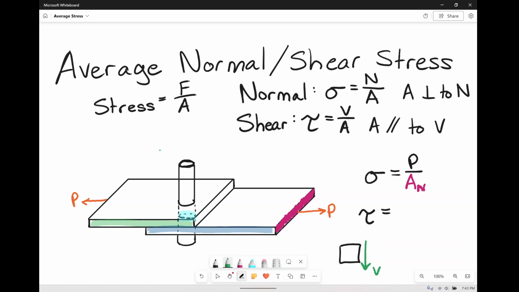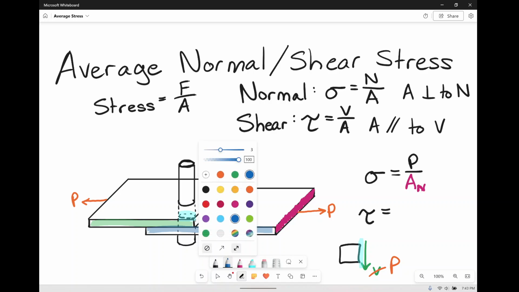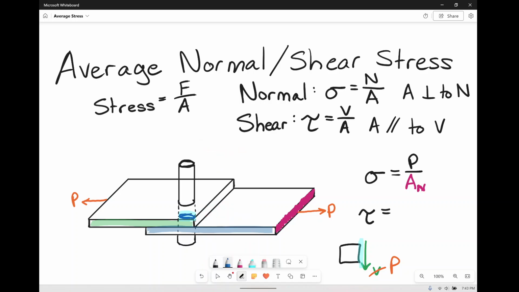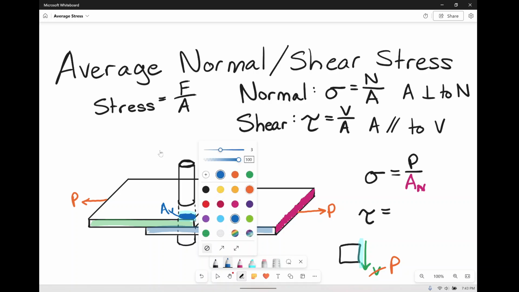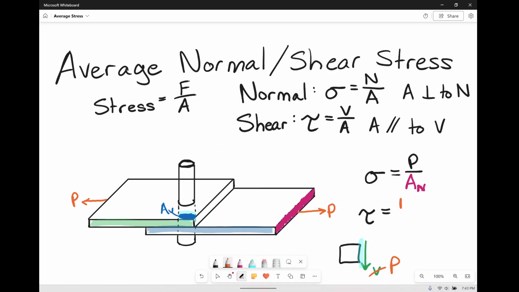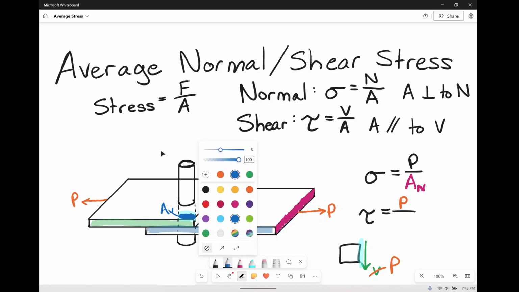So our shear value in this example that we've drawn is P, and the face that it's acting on is that little circle. So effectively, it's this little dude in here, and we'll call that AV. So in this case, our shear stress is P, again, over this time AV.